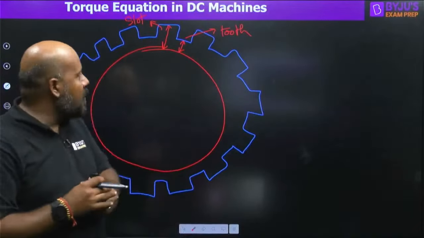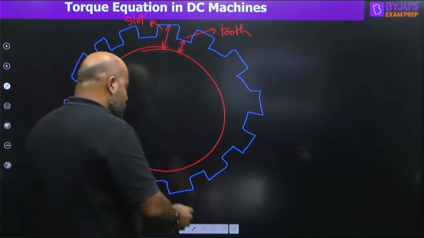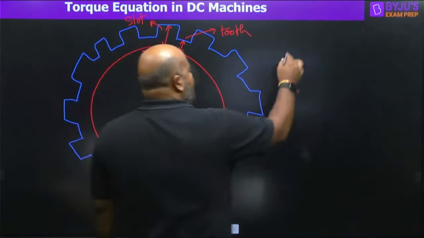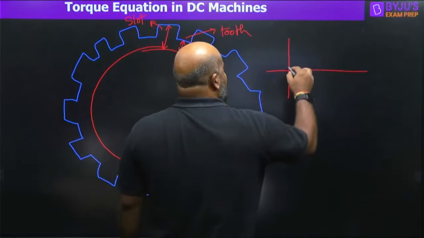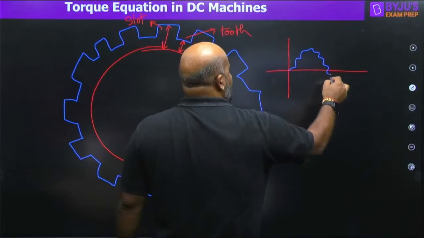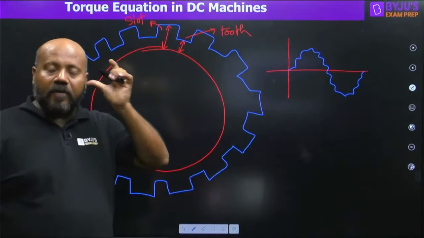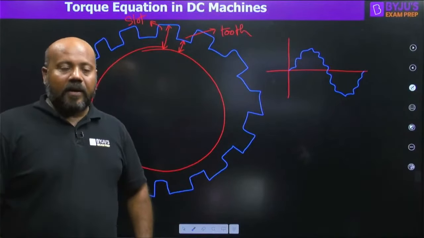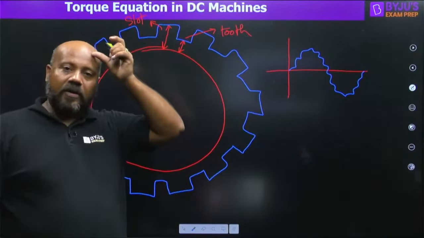When there is a tooth, the air gap is minimum. Because of this, the output that you are getting from this generator is not going to be sinusoidal, it is going to be something like this. So these types of harmonics are going to be present in the output of your synchronous generator. We want to avoid these slot harmonics. How to avoid these slot harmonics?